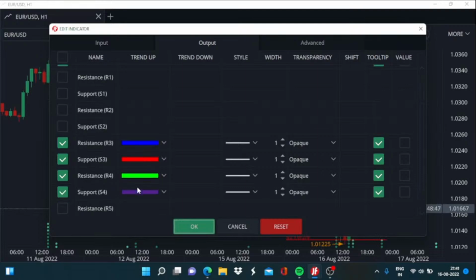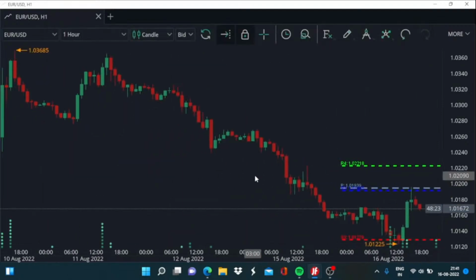Okay, now we can change its styling, its width, to make it look prominent, and you will get these levels.